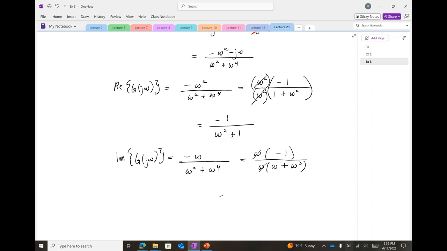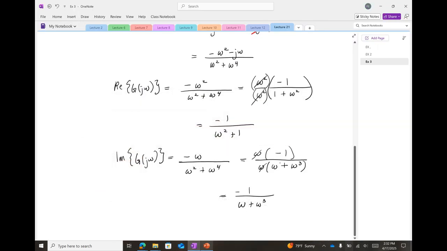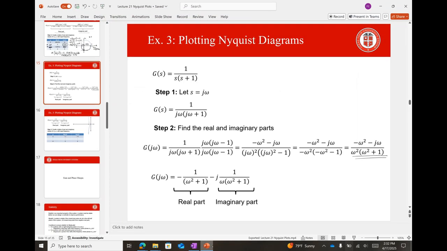So these two omegas will cancel, and we're left with minus 1 divided by omega plus omega cubed. So this is the imaginary part, and again, we can double check this. So we get the same thing.